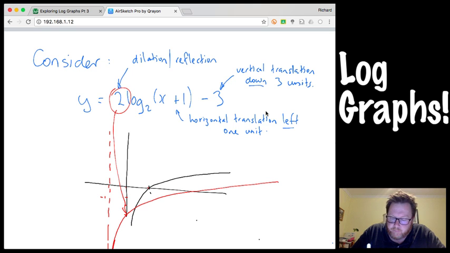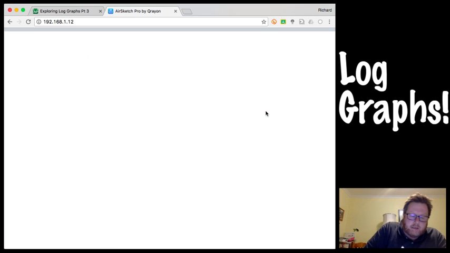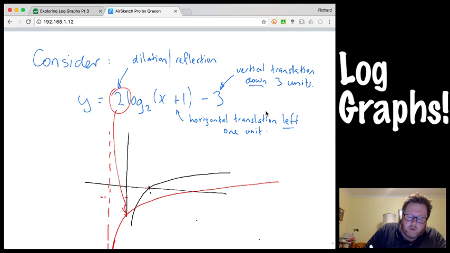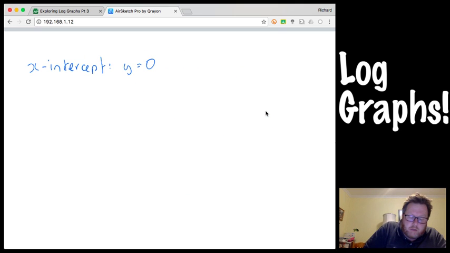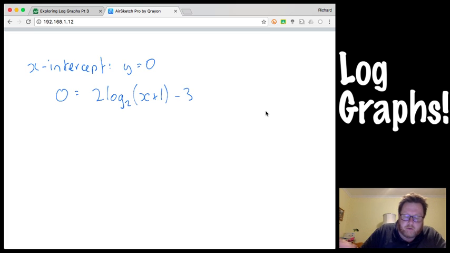So let's find the x-intercept first. So the x-intercept is when y equals 0. So that means that, what did we have? We had 2 log base 2. So that means 0 is equal to 2 log base 2, then we had x plus 1, and then we had -3.